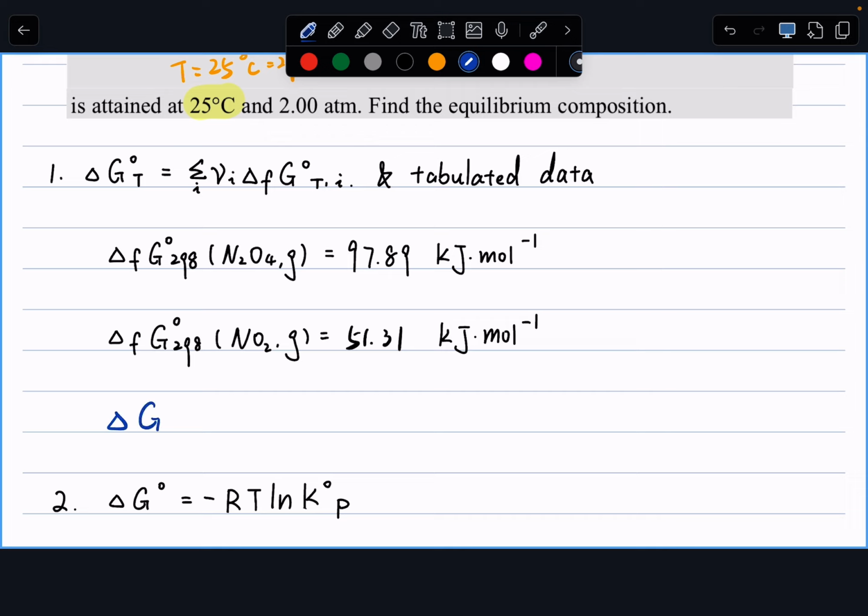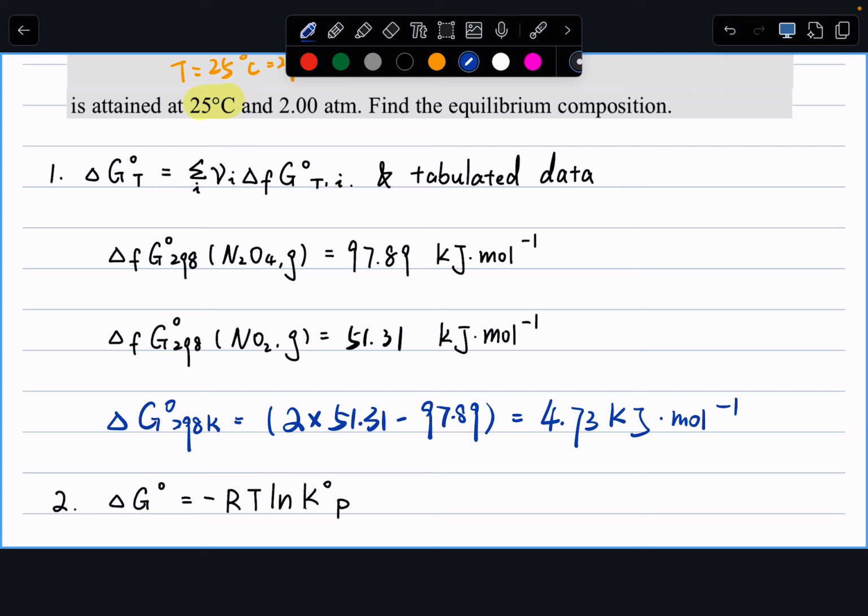So I have delta G naught at 298 Kelvin equals, well, we have 2 in front of NO2, 2 times 51.31 minus 1 times 97.89. And that equals 4.73 kilojoules per mole.